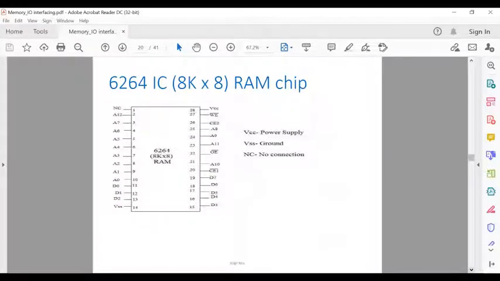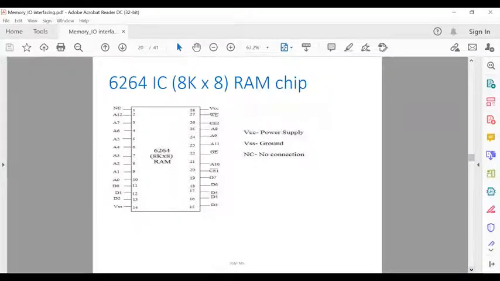Okay, now coming to the RAM IC. Until now the ROM ICs are connected. Now you have another memory device called the RAM IC, where both read and write operations can be performed. Each RAM chip has a set of address lines, data lines, and control lines.